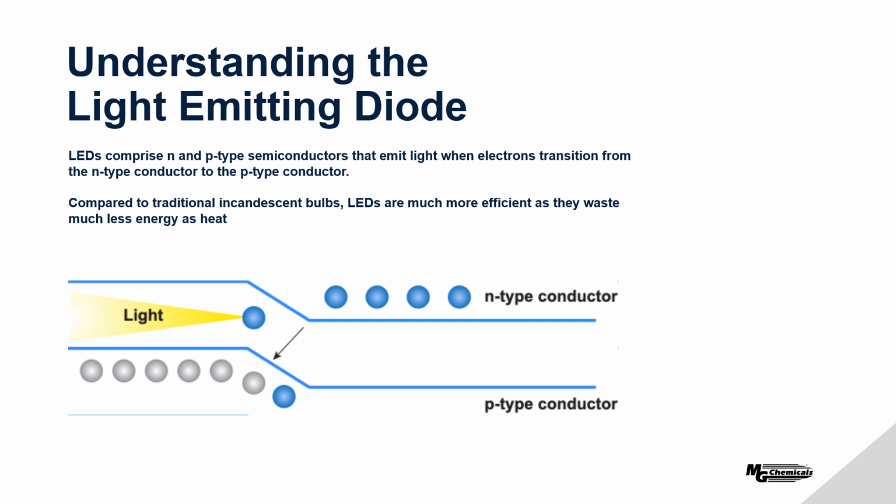These blue balls represent free valence electrons. So the transition is from the N-type where the free valence electron transitions to a hole in the P-type conductor, which is deficient in valence electrons. When we get that transition, we emit a photon of light and heat as a byproduct of that transition. So that is the concept of an LED.